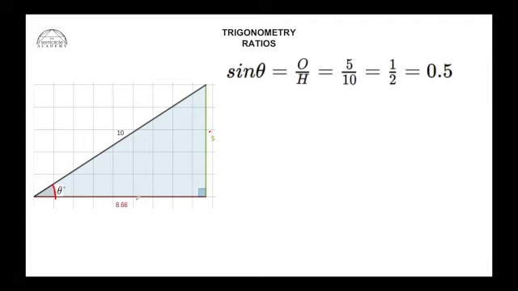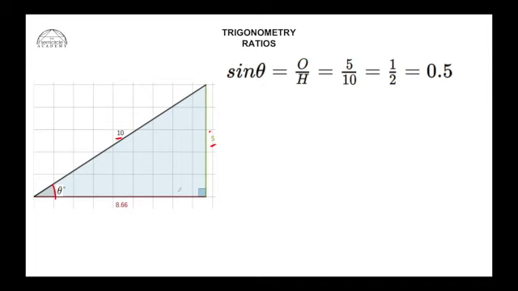So the sine is the ratio of the opposite over the hypotenuse, right? If we take the opposite, 5, and put it over the hypotenuse, 10, that is a half, 0.5. So therefore the sine of the angle is 0.5.